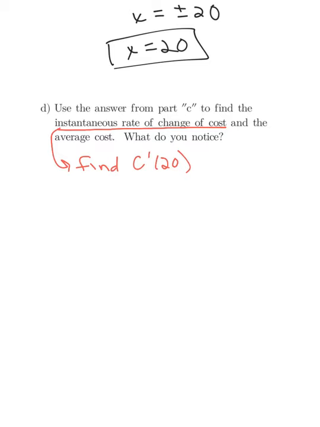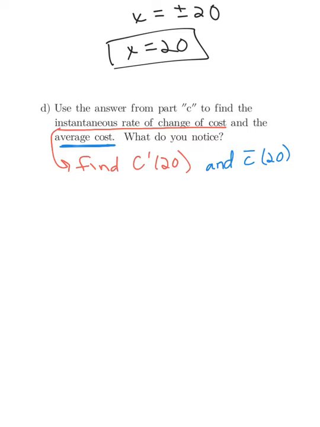What are we doing the derivative of? Cost, the original cost function. So that's question 1. And the average cost, the blue line, means that we want to find C bar of 20. So that's what our directions are asking for us to do.